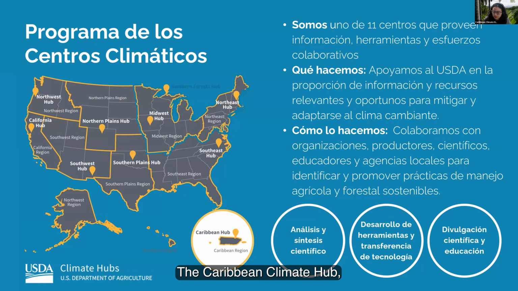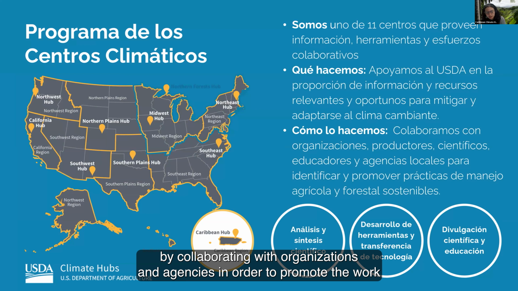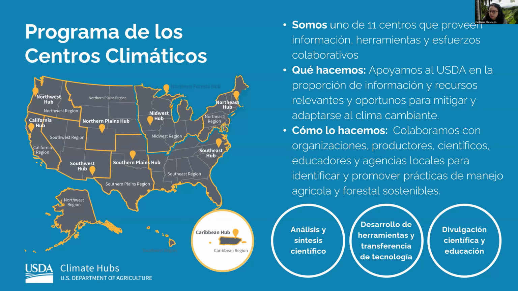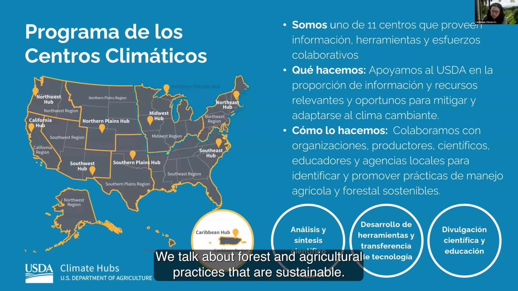The Caribbean Climate Hub, we're one of 11 centers. We support the USDA, collaborating with organizations and agencies in order to promote the work of educators, agricultural workers, and other audiences. We talk about forest and agricultural practices that are sustainable.